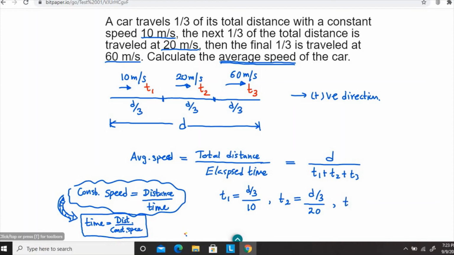And finally, T3 is the same distance, one-third of the total distance, divided by 60. Now I'm going to substitute these into the expression, and we should be able to get the answer. So I'm going to write down the average speed again.